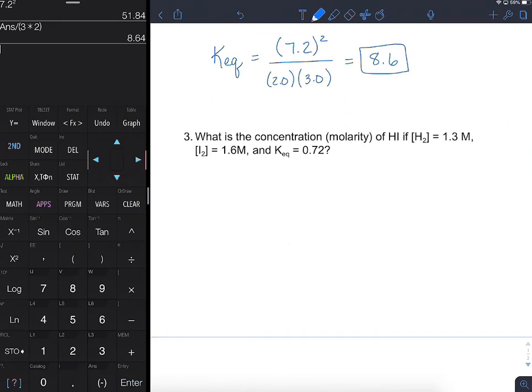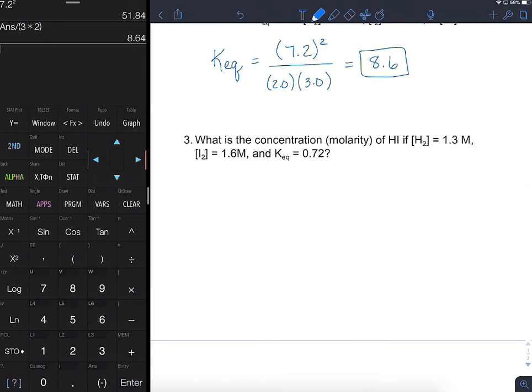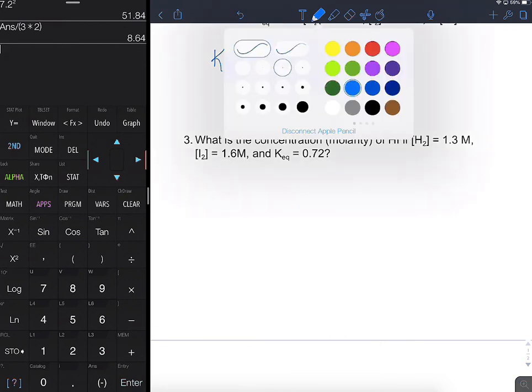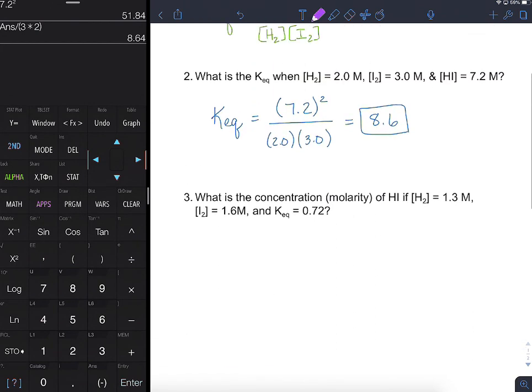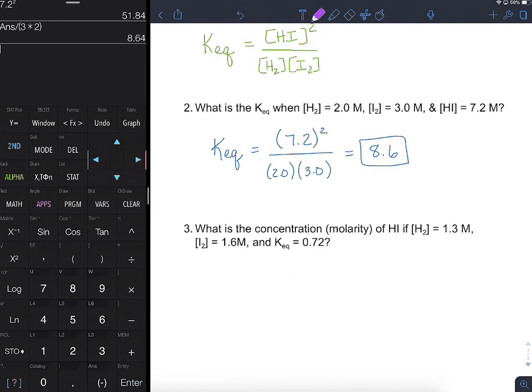And then the last thing that it asks is what is the concentration, the molarity of hydrogen iodide if we have a different equilibrium expression and then 2 other concentrations. And so we want to know, in this particular case, we know that the equilibrium constant is going to be 0.72.